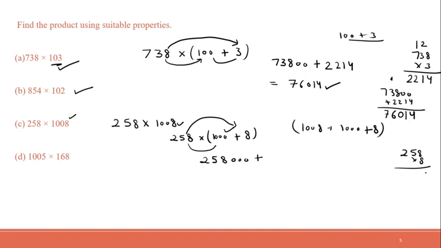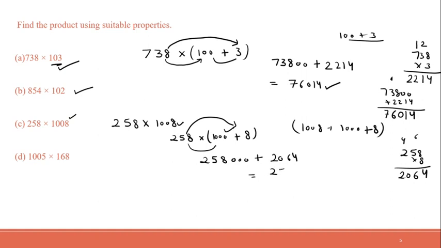So 8 into 8 is 64. 4 here, 6 extra. 8 into 5 is 40 plus this 6, 46. 6 here, 4 extra. 8 into 2, what is 8 into 2? 8 into 2 is 16 plus this 4, 20. So we'll get 2064.